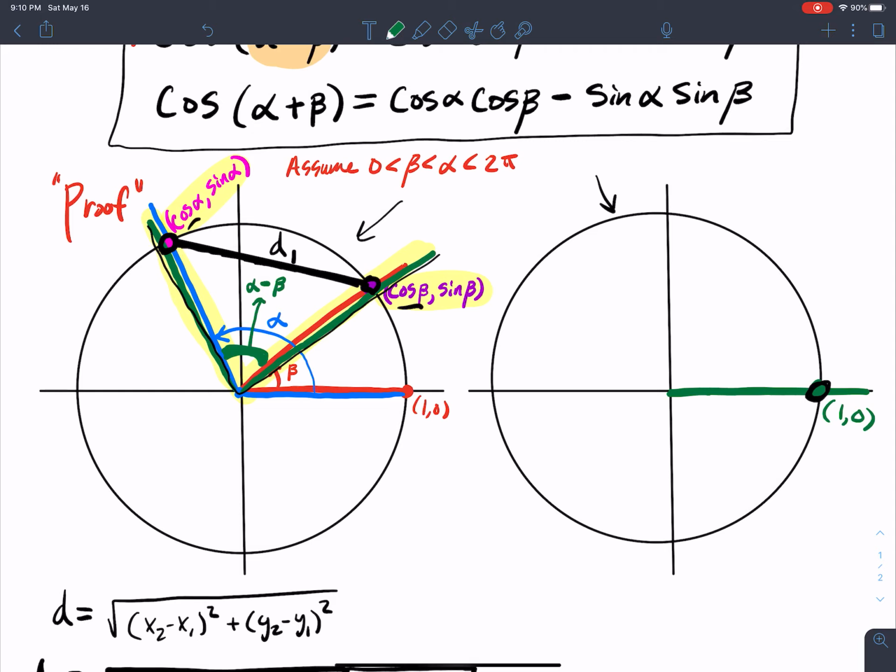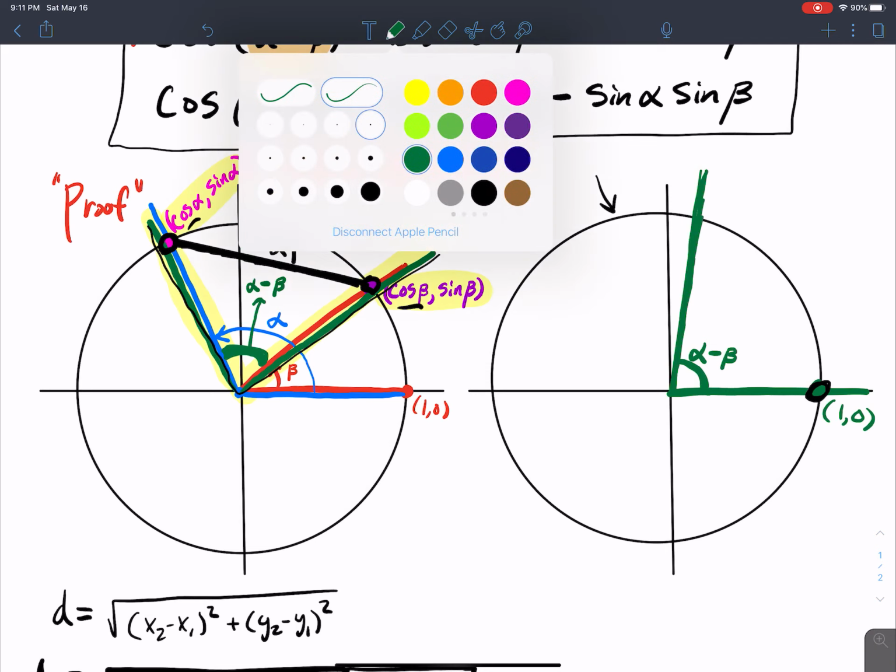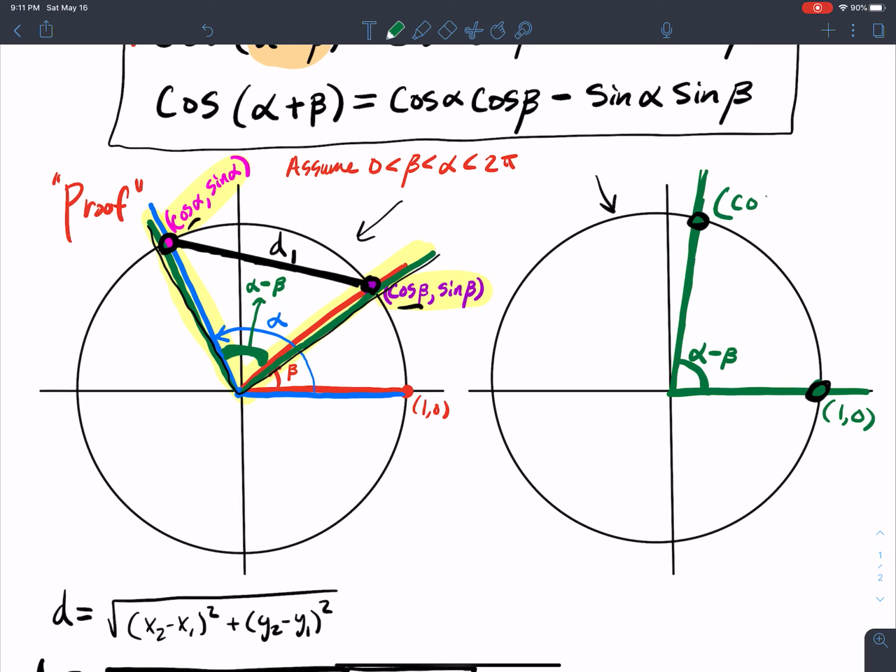And then I rotated it, so maybe it's like this now. This angle right here is alpha minus beta. So what does that tell me? That tells me this point right here is cosine of alpha minus beta, comma, sine of alpha minus beta.